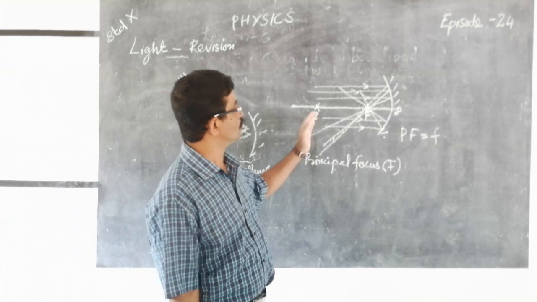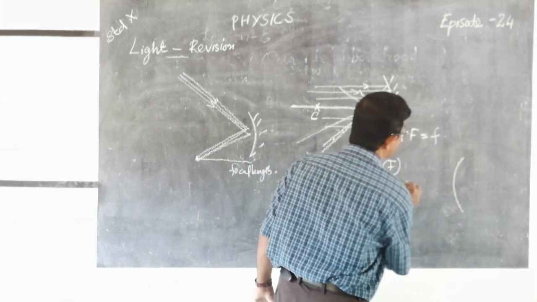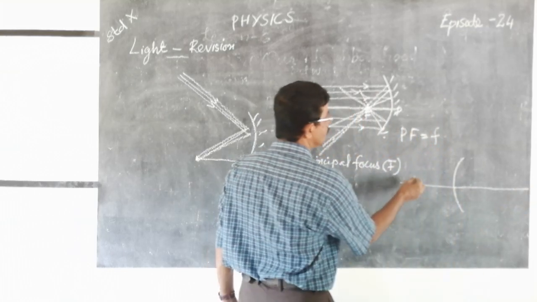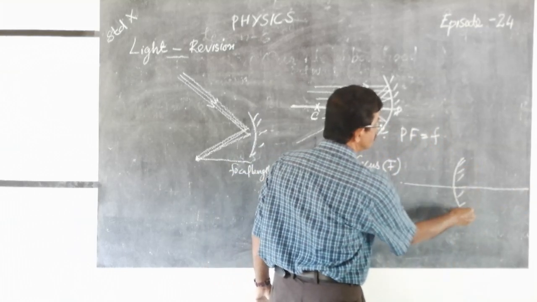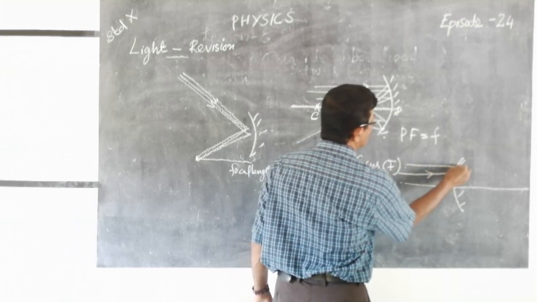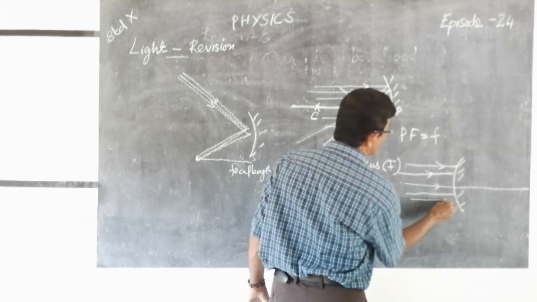And in the case of a convex mirror, this is a convex mirror, this is its principal axis. These are the light rays parallel to the principal axis.